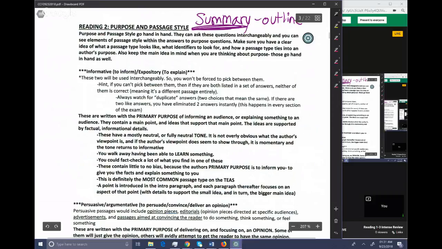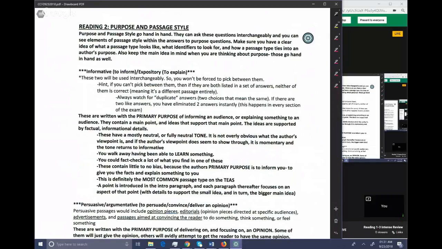So when you're outlining paragraphs and you're writing down on your scratch paper what each focus is, you are essentially writing the summary. So if you were asked to summarize a text, you would essentially take your paragraph focuses and put them into a list, and you would look for the answer choice that is the closest to that list you made when you read the passage. So these all blend together. They should all happen before you even look at your first question.